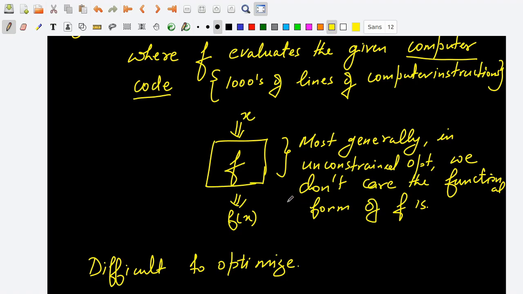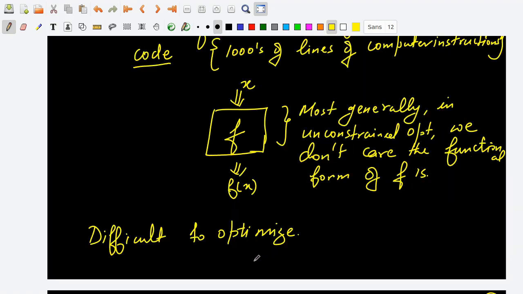So merely knowing the values of f at a few points may not be enough, but in practice many times that is the only input that is available to us. Okay, so let's look at some very preliminary methods of going about finding solutions to unconstrained optimization problems.